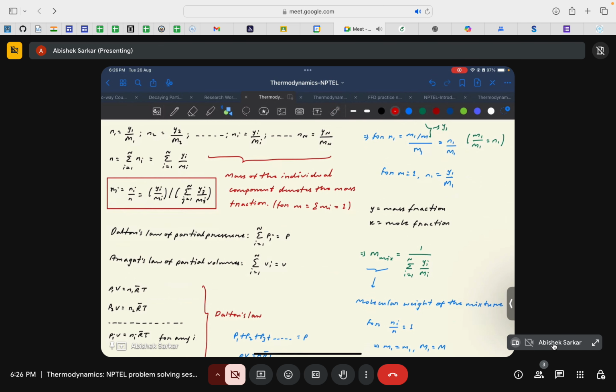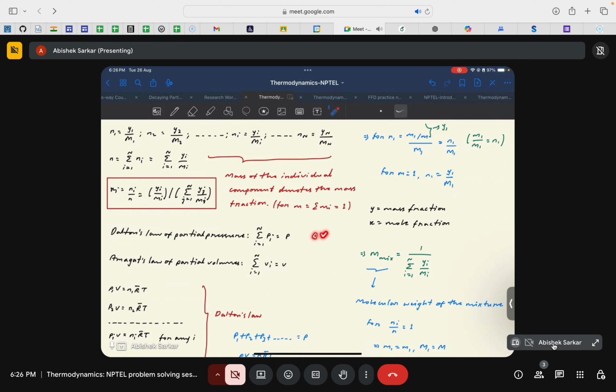Yeah, so let's use this equation to find an expression for the molecular weight of a mixture of gas. Because if you are dealing with a mixture of gases, say for example, if you want to find the total pressure of the mixture, say PV is equal to mRT, then one way or another you'll be dealing with all these terminologies.